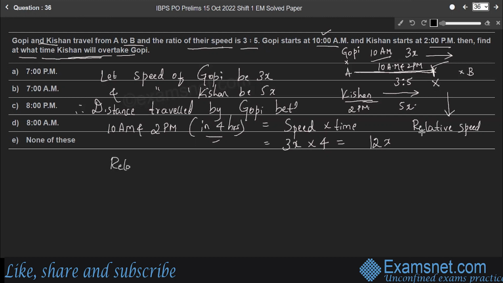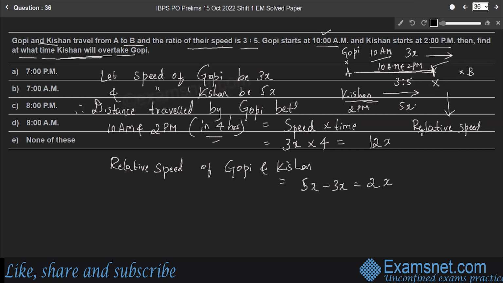The relative speed of Gopi and Kishan is equal to the difference in their speeds. So 5x minus 3x, which is 2x.